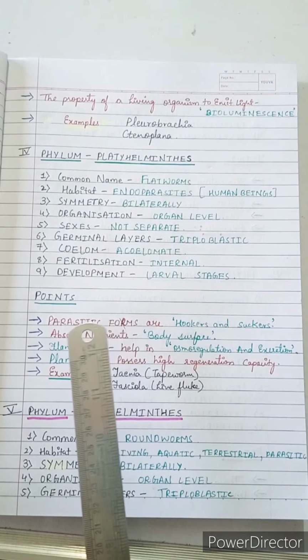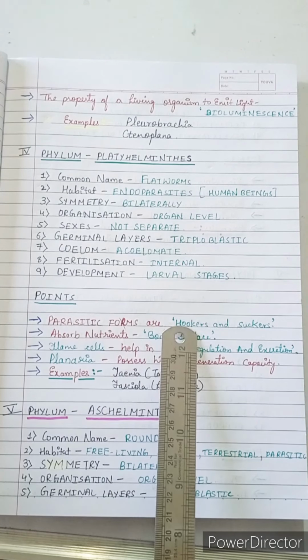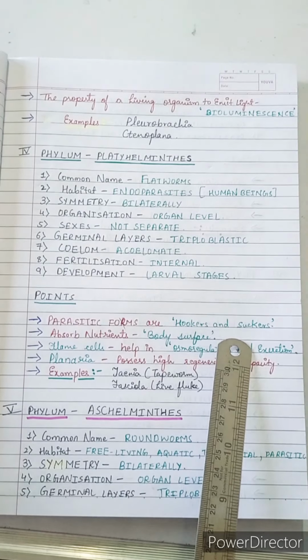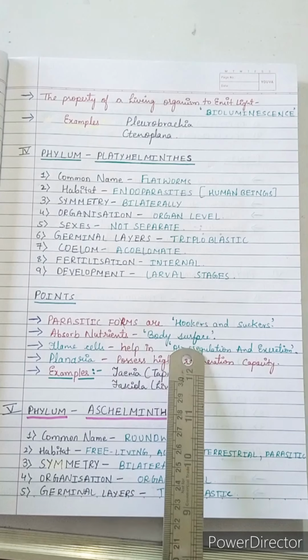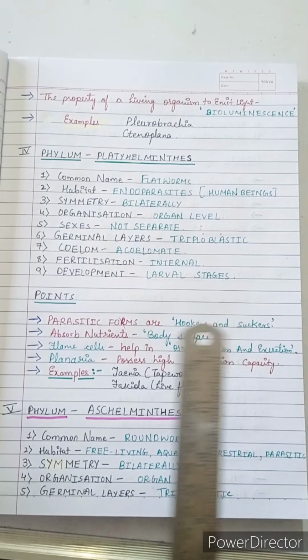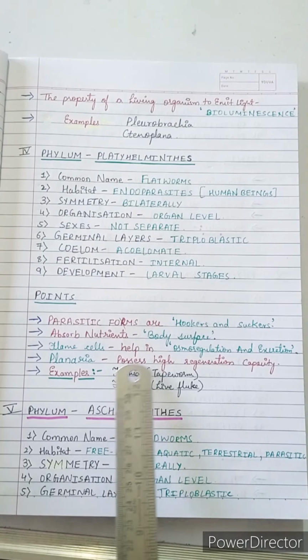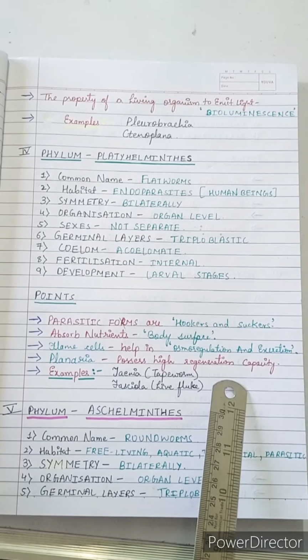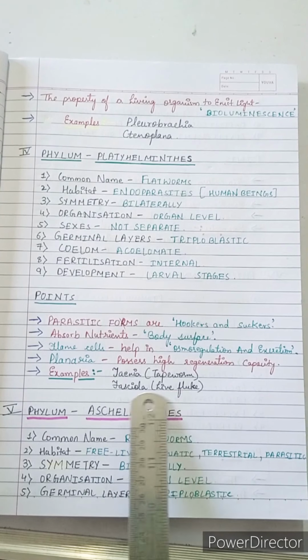The parasitic forms have hooks and suckers. They absorb nutrients through the body surface. Flame cells help in osmoregulation and excretion. Planaria possess high regeneration capacity. Examples: Taenia, tapeworm, and Fasciola, that is liver fluke.